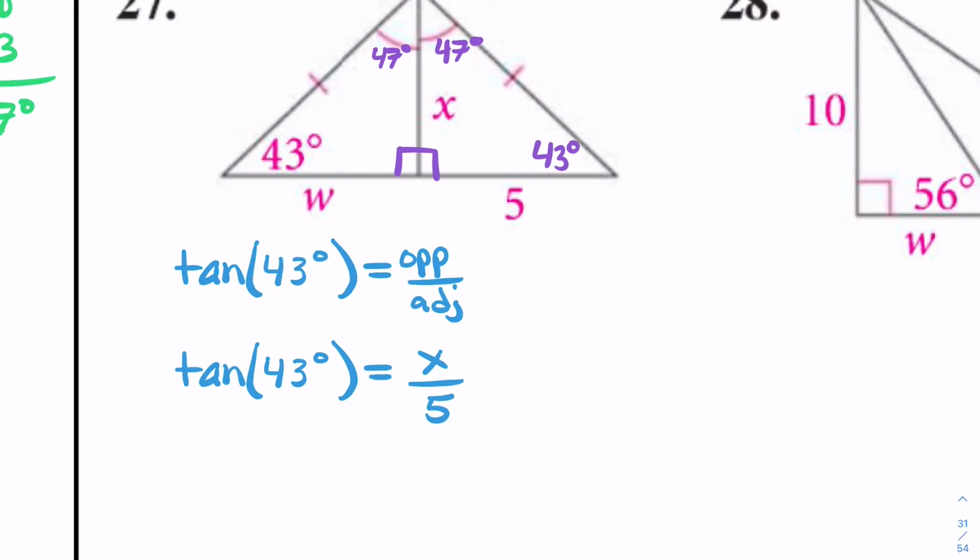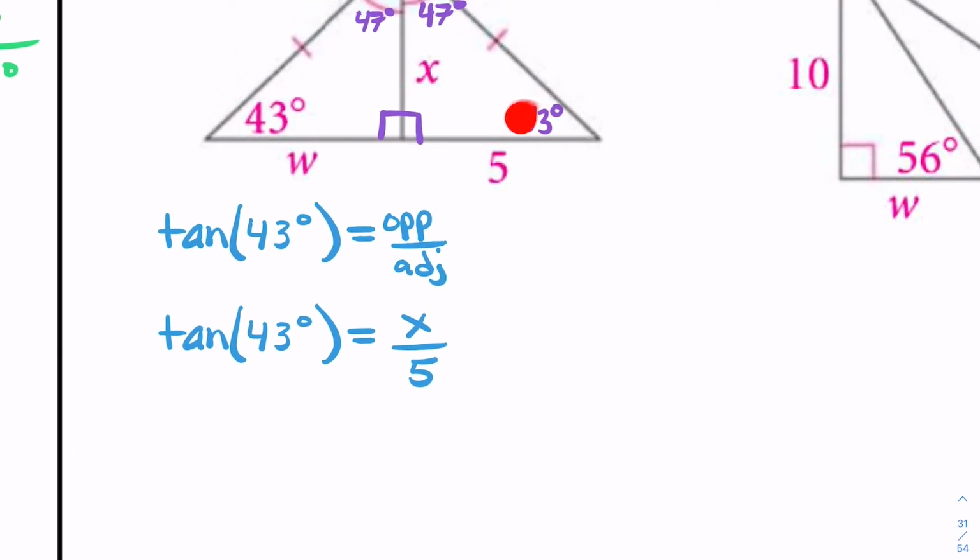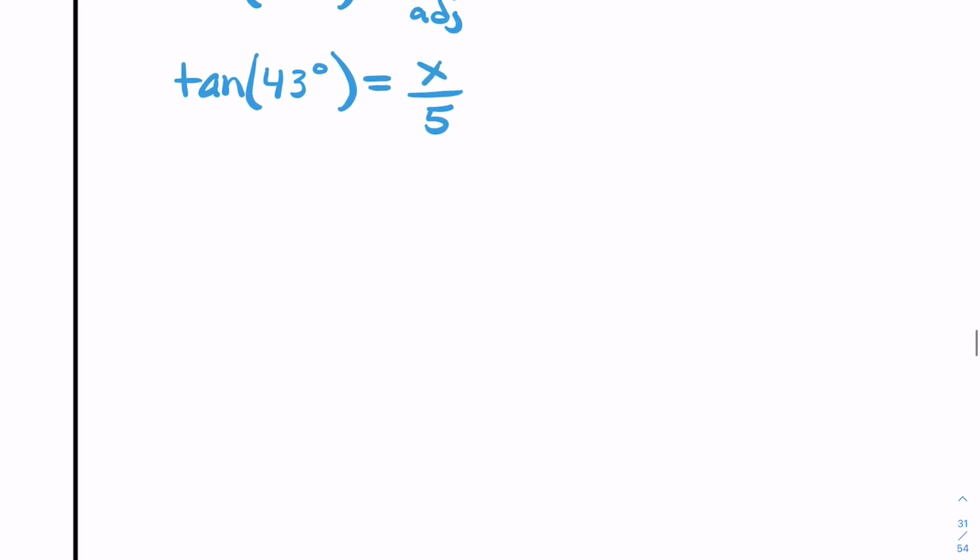The opposite side is x, the adjacent side is 5. In terms of 43, I'm working with this 43 right here. Okay. And so maybe I should just put a little mark. That's the 43 I'm working with. Okay. And I'm going to multiply both sides by 5.